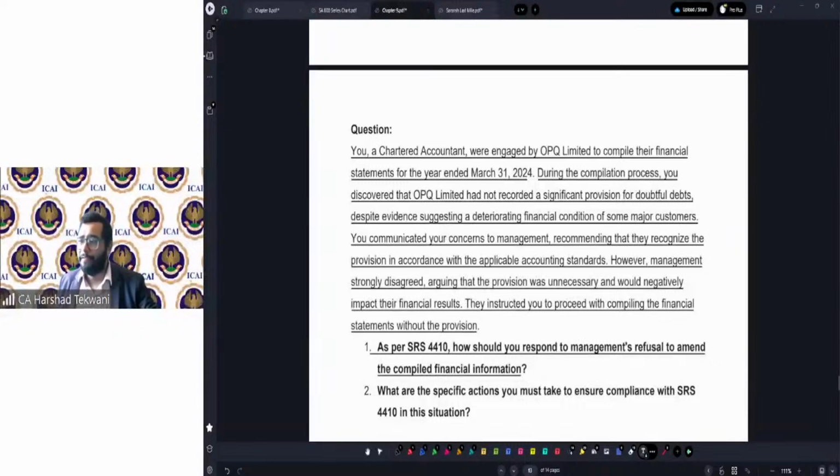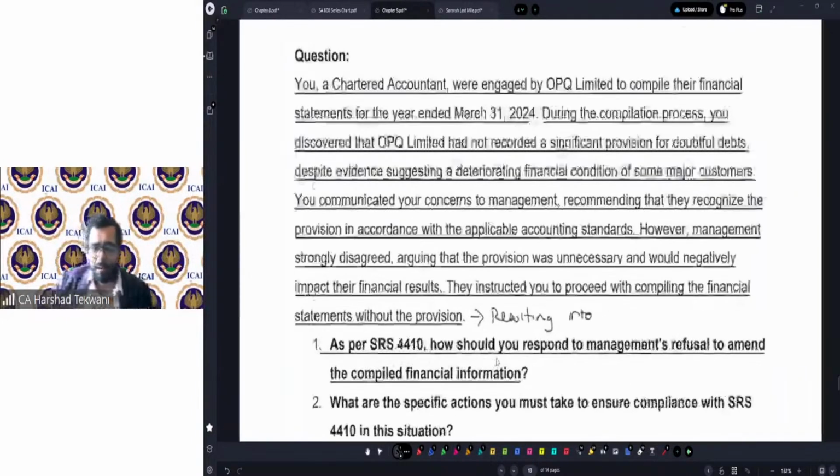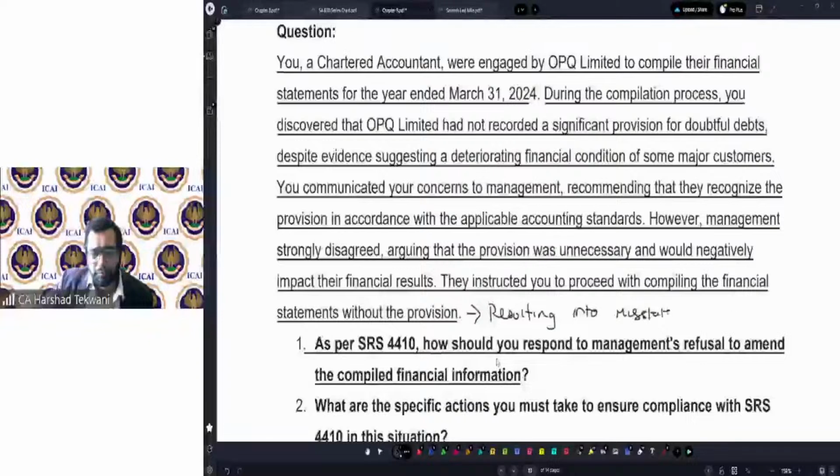So, I'll tell you. The first step over here is to understand whether not keeping the provision is resulting in a misstatement, inappropriate compiled financial statements, or would mislead the users.